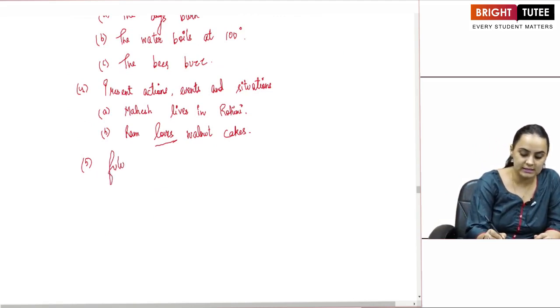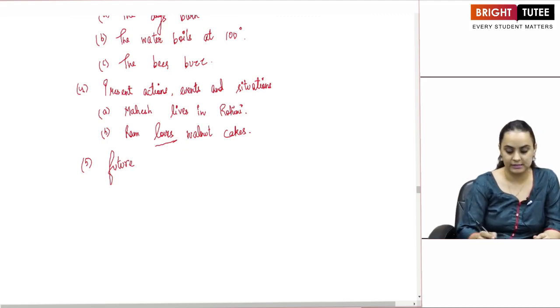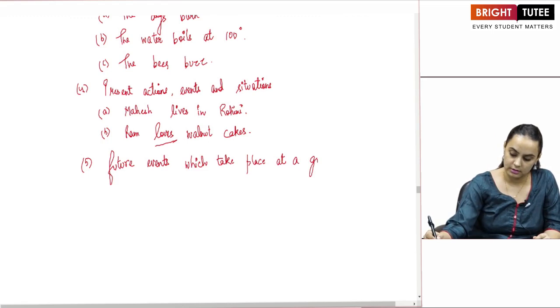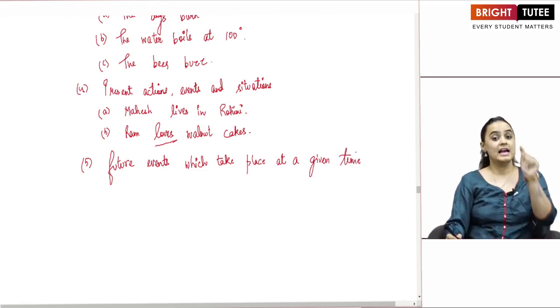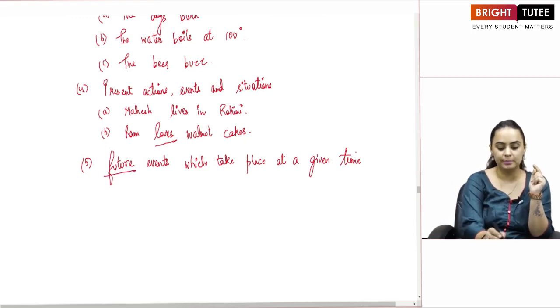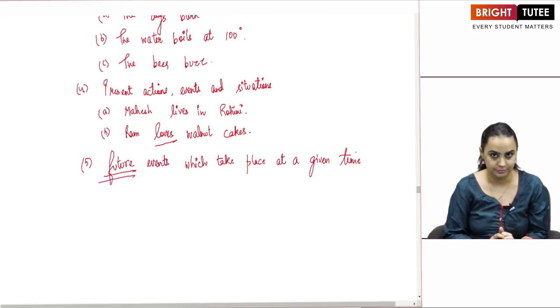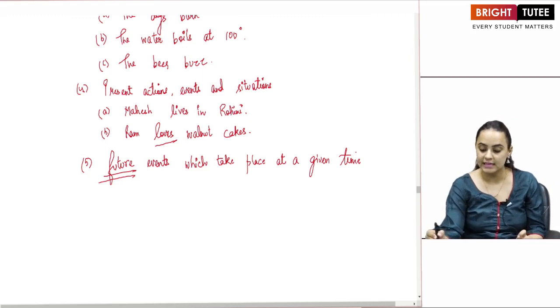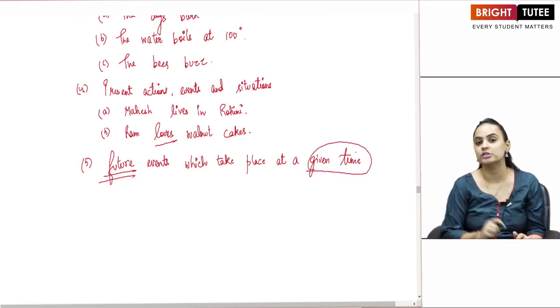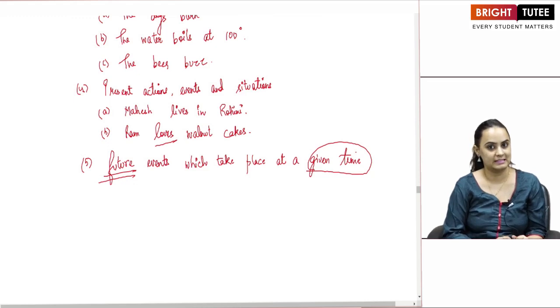Now we use the simple present tense for those future events which take place at a given time, something that will take place in the future, but you know the exact time at which they are going to take place.